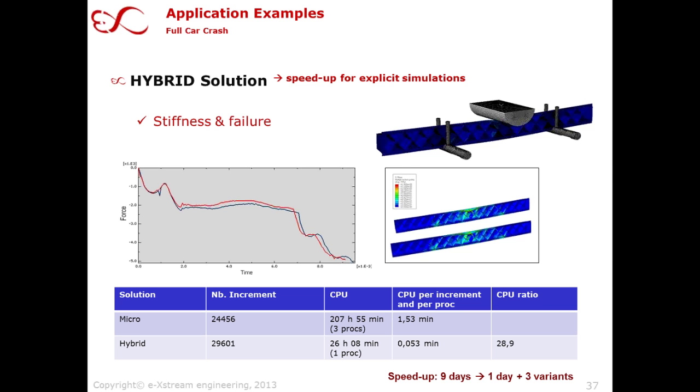Again, it brought us a tremendous speed up. So we computed this example here, 9 days, 3 CPUs, 1 day on 1 CPU. And of course, parallelization in this regime of CPUs goes linear with Digimat. So you can say that was 8 hours on 3 CPUs.